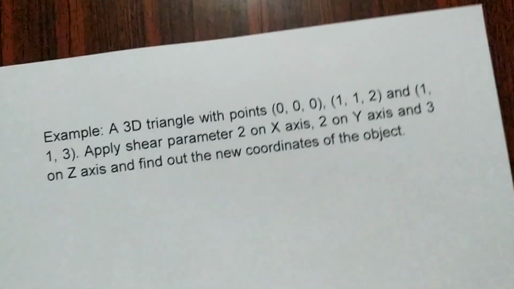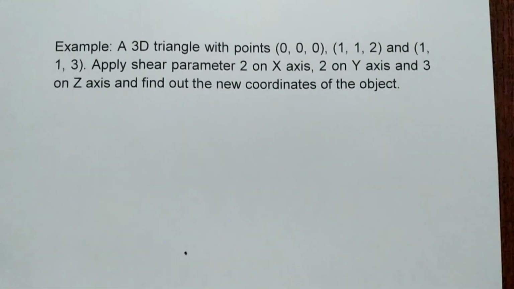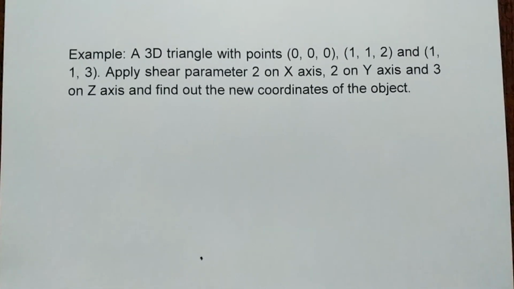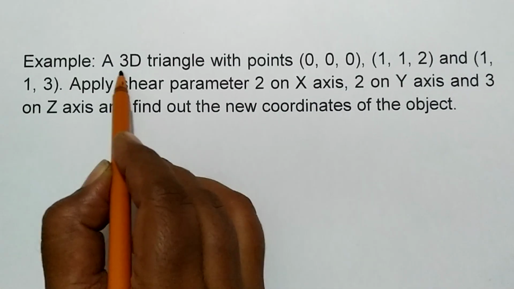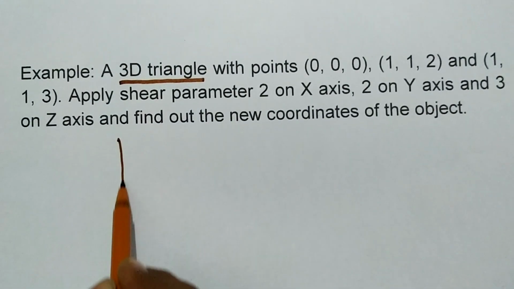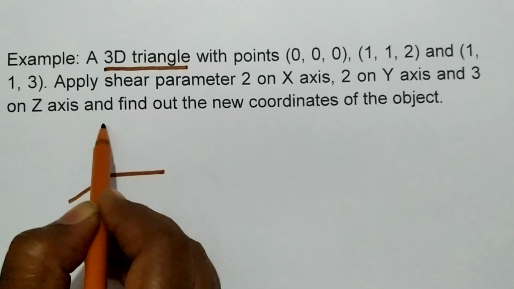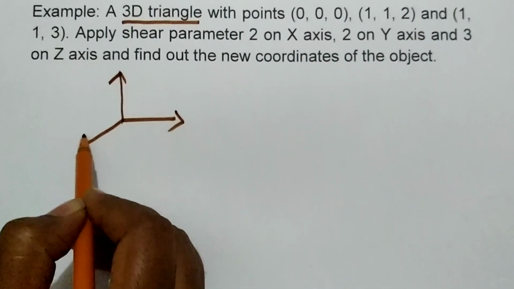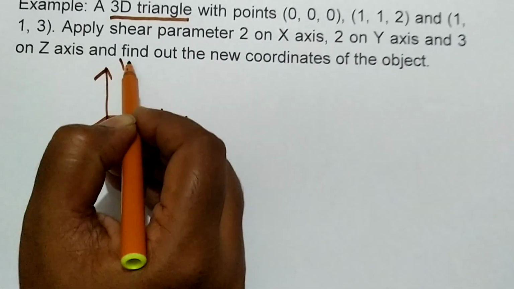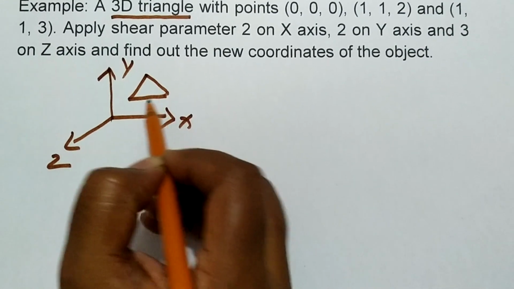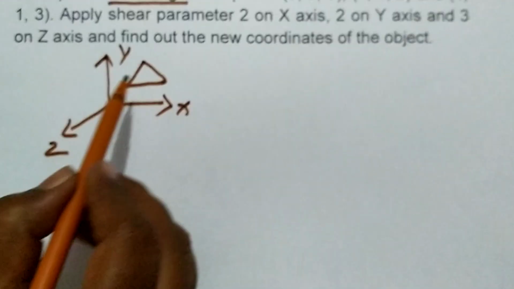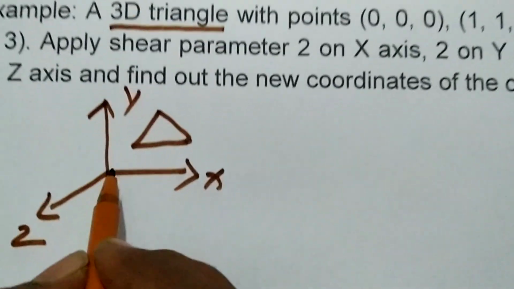Now we'll solve a simple example of how to apply a shearing technique to a 3D object. In this example, we have taken a 3D triangle in an XYZ plane. Assume that this is the XYZ plane, X, Y and Z, and we have a 3D triangle. In this example, I cannot draw a 3D image, so I have just drawn a simple triangle.